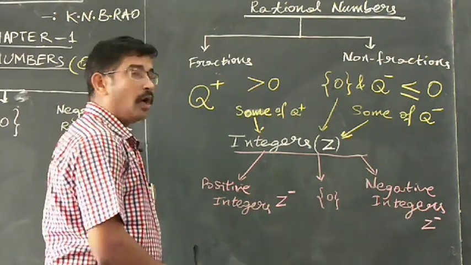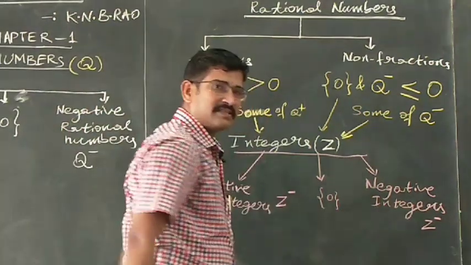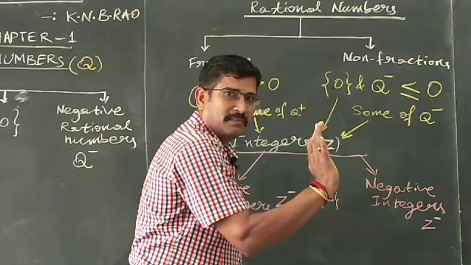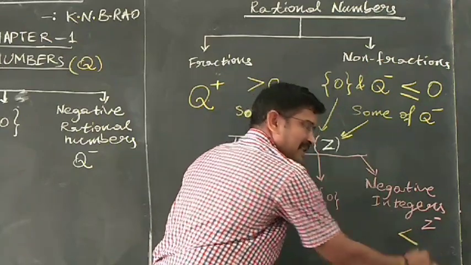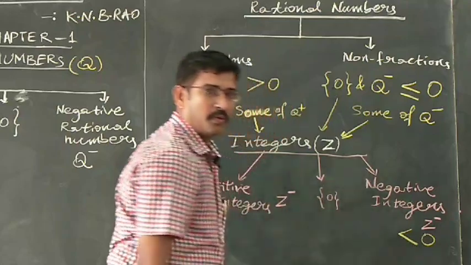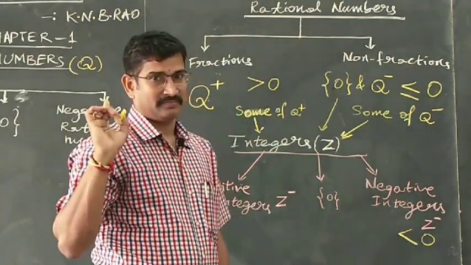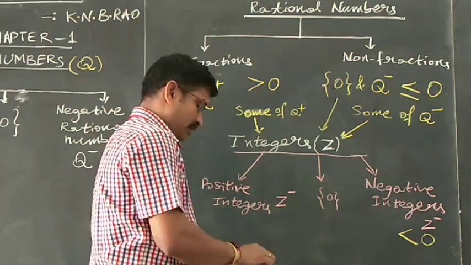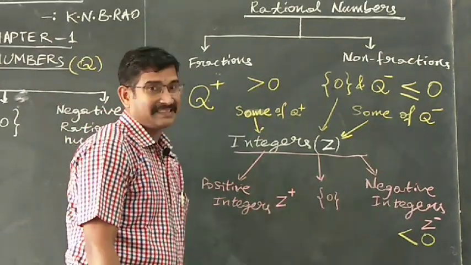See children, all these negative integers are the numbers which are less than 0, but their denominator should be 1. Oh, I gave the wrong sign here, children. Here positive integers are Z plus.